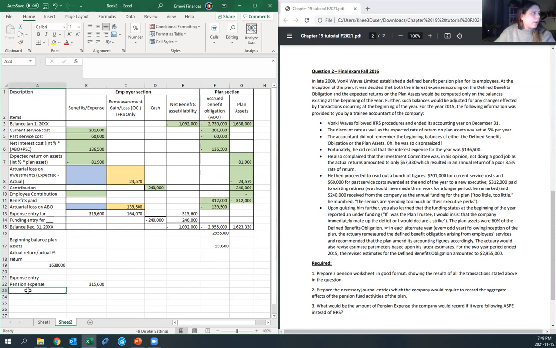You're also going to have your other comprehensive income because you're under IFRS. So this is going to be your $164,000. And then the same account as earlier, your net benefits asset liability. It's going to be the sum of the two. Here, I forgot to add my OCI.